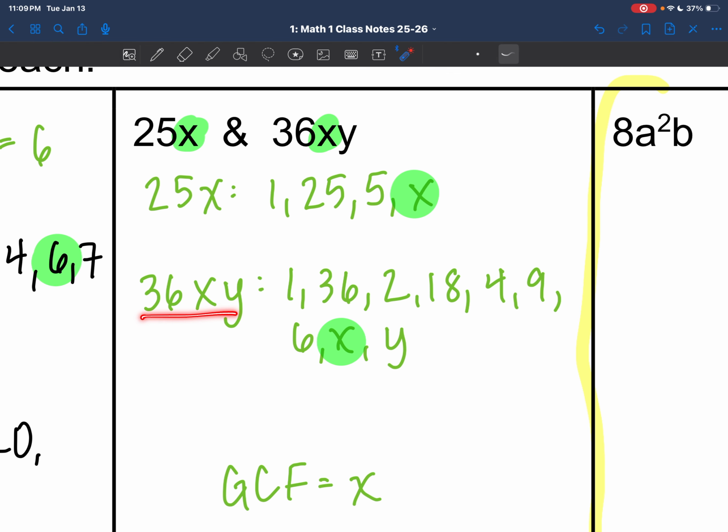Now we're going to do 36xy: 1 times 36, 2 times 18, 4 times 9, 6 times 6, and then x and y. Out of all of these, the only thing they have in common is x. So your greatest common factor is x.